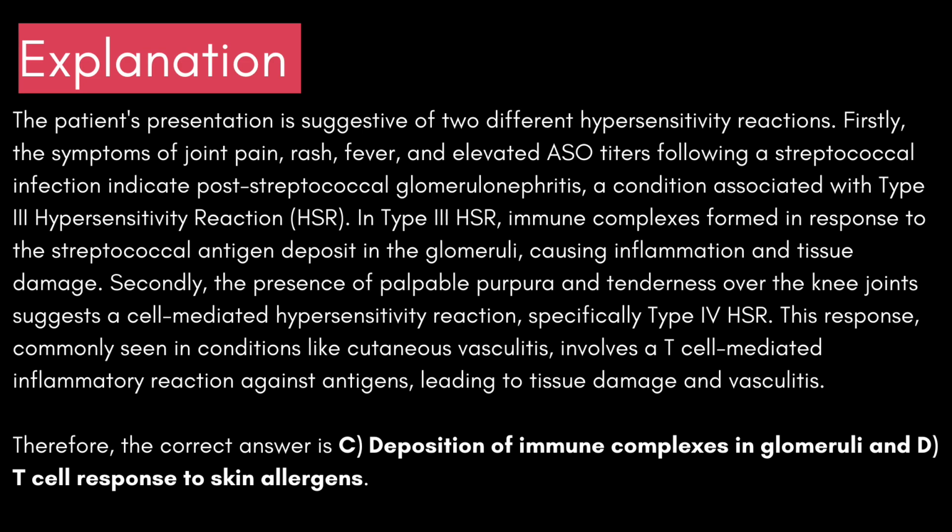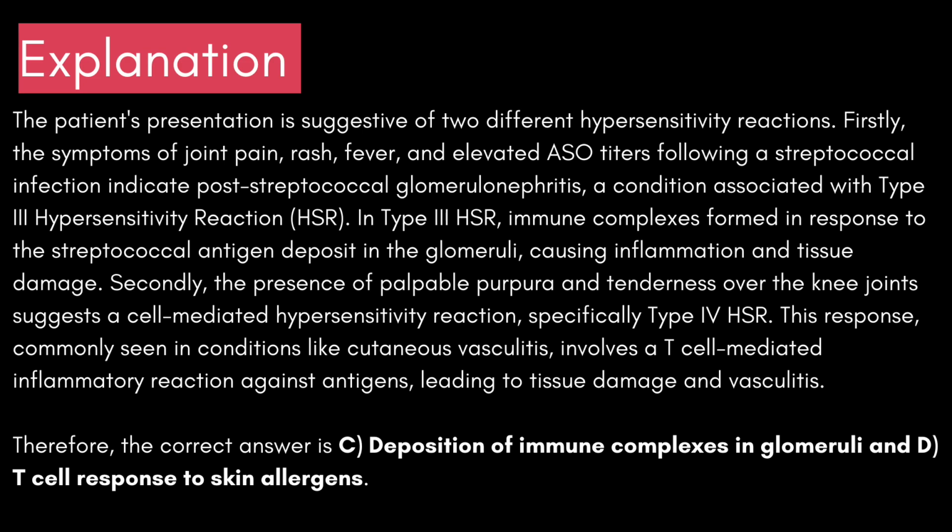Secondly, the presence of palpable purpura and tenderness over the knee joints suggests a cell-mediated hypersensitivity reaction, specifically type IV HSR. This response, commonly seen in conditions like cutaneous vasculitis, involves a T-cell-mediated inflammatory reaction against antigens, leading to tissue damage and vasculitis.